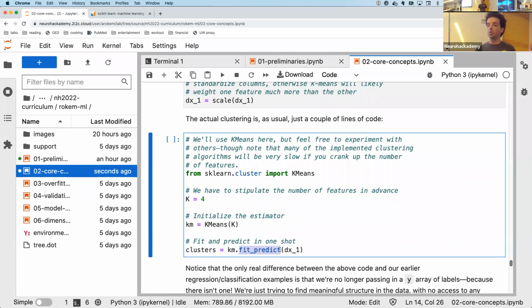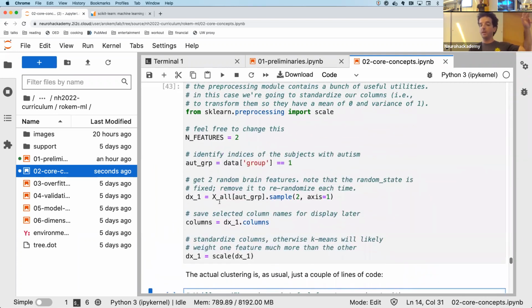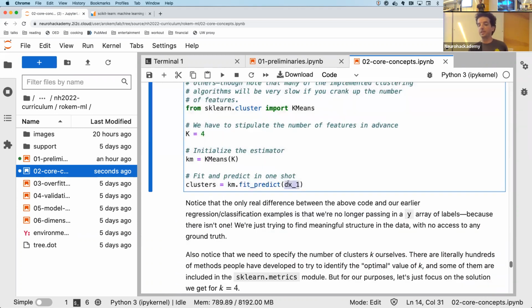We're going to fit to, in this case, only one variable, because it's an unsupervised learning task. There's only one variable that goes in here. This is the 2-column matrix that we generated, which has 2 brain features from the autism group. We give it that X matrix, so it has n rows, the number of people who have a diagnosis of autism, times 2 columns, 2 features.